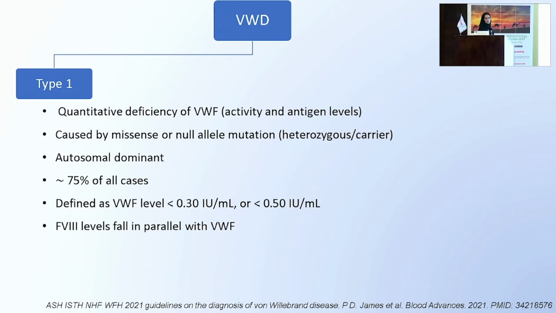It is the most common form of von Willebrand disease and is defined as VWF below 0.30, regardless of bleeding pattern, or below 0.50 with abnormal bleeding. Factor VIII usually falls in parallel with von Willebrand, so usually you find factor VIII at about 1.5 that of von Willebrand.